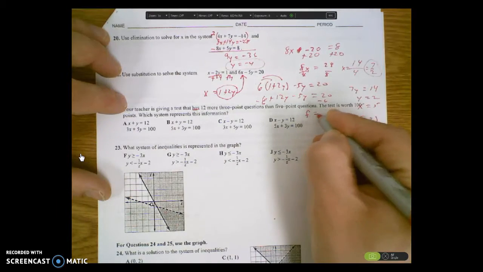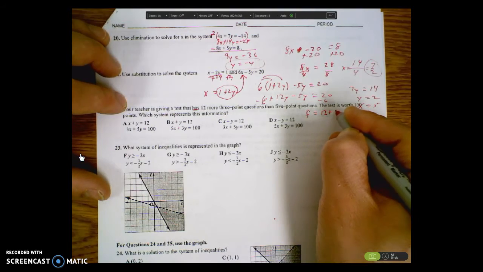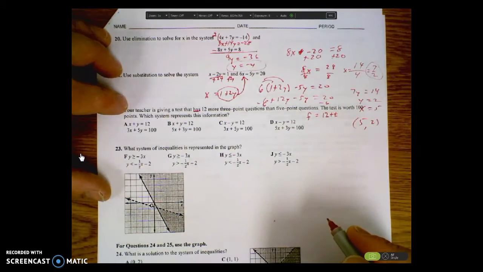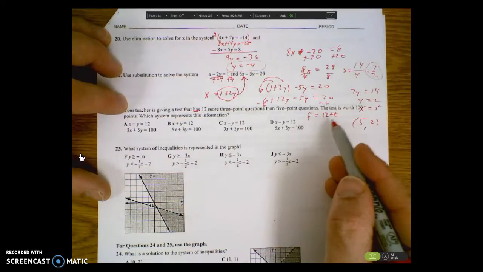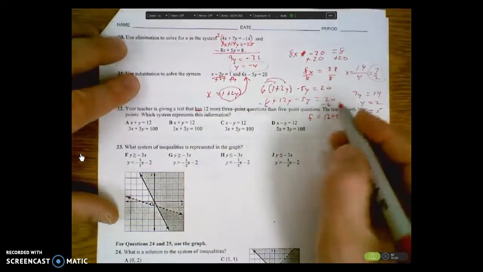So F has 12 more than the 3, right? Which is F minus T equals 12. So it could be C or D, but we got to make sure we have it matched up.